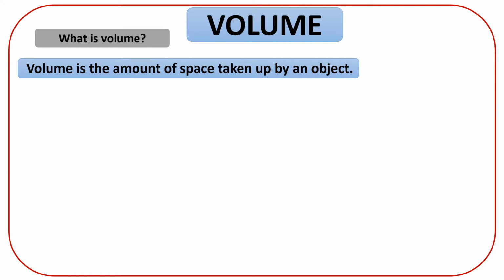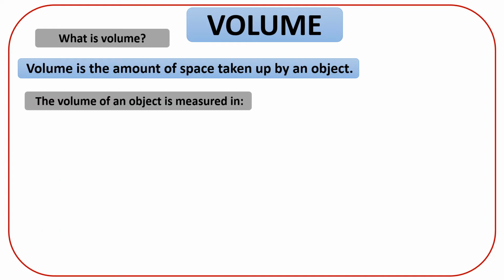Volume is the amount of space taken up by an object. And we said that the volume of an object is measured in what? Thank you, it is measured in cubic centimeters.